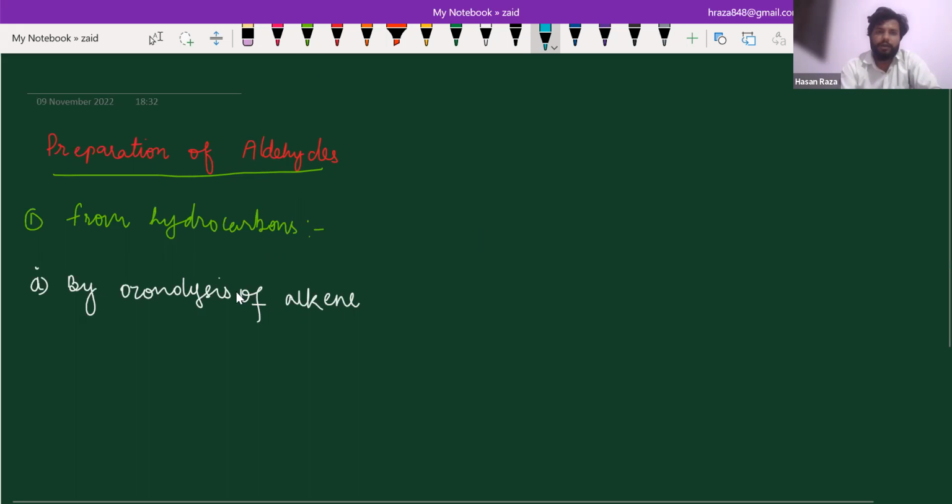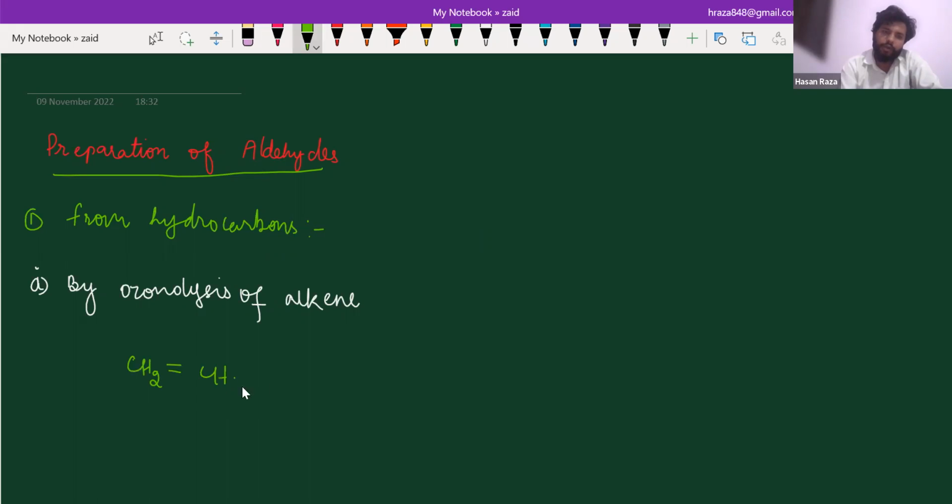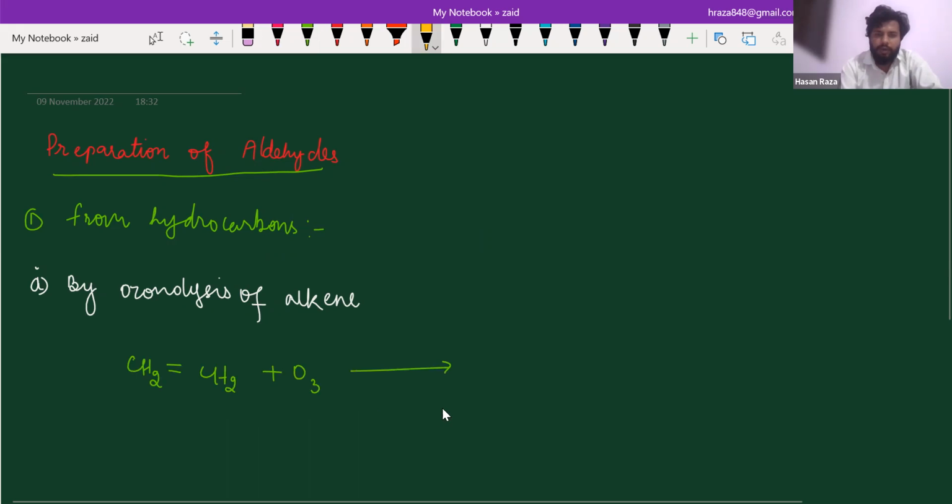So how does it work? It's very easy. This is your alkene, and if you are going to react it with O3, what happens here? I'll show you. Just remove this double bond and make a ring-like structure with O, O, O along the double bond.